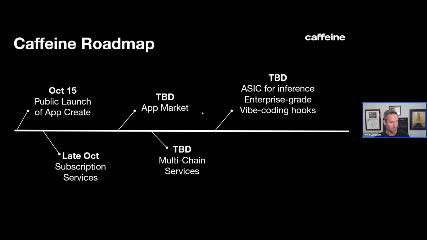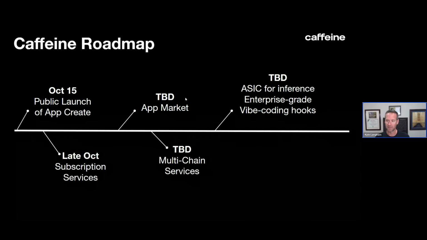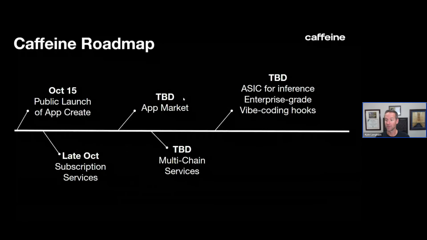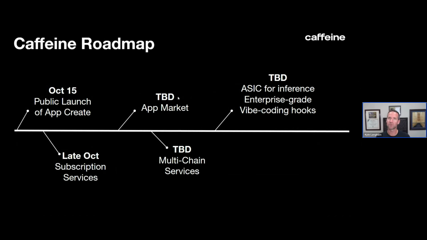I talked about the app market and how that's going to revolutionize the idea of applications, where you can vibe code something great, and then other people could pay you for the right to clone it. You can imagine, also in Web3, this could be really important because you could build an infrastructure application that other people can clone and evolve themselves. We talked about the multi-chain services.